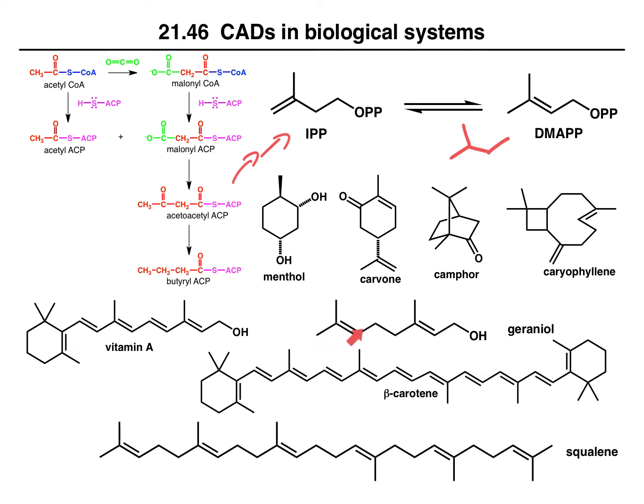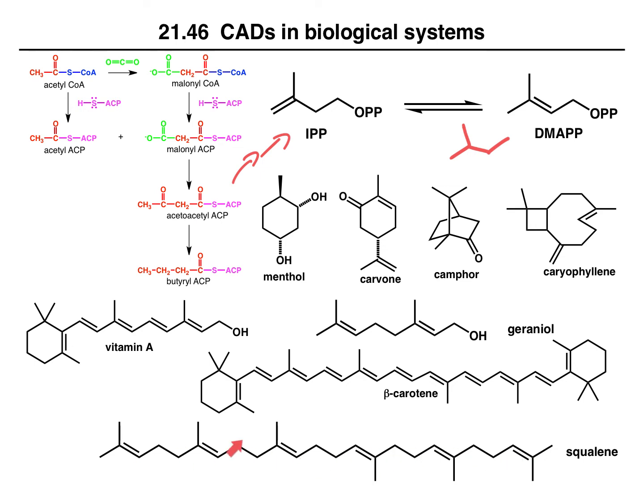In addition, we have other compounds like this one, geraniol. This is in roses. We have vitamin A is also biosynthesized through IPP and DMAPP. Beta carotene, that's important for vision.